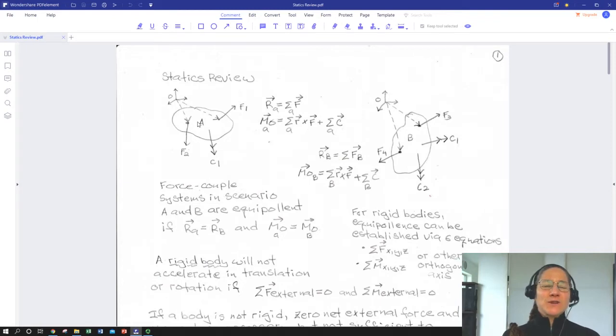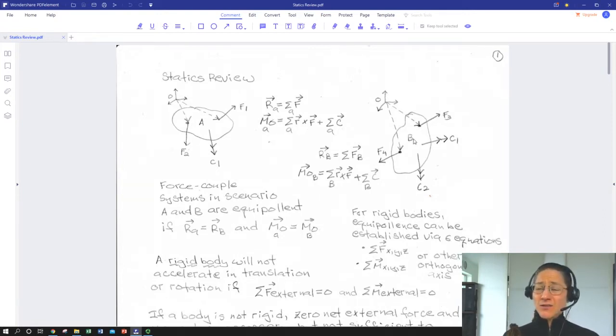So we're going to reference the moment due to the forces acting about point O plus the applied couple, which doesn't have to be referenced to a point. We sum all of those, and of course we use our cross product to calculate the moment of each force at a radius from point O to its own point of application on the rigid body, and those equate to the sum of the moments or the resultant moment on body A.